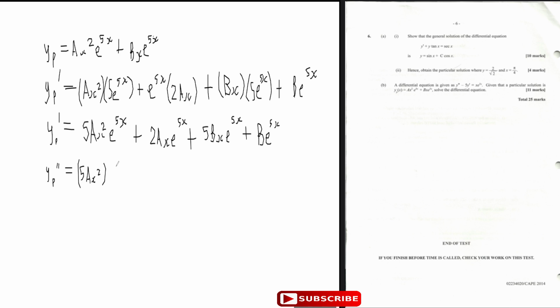The derivative of the second is 5e to the 5x, plus, we keep the second, which is e to the 5x, times the derivative of the first, and the derivative of the first is going to be, differentiate 5ax squared, that's going to be 10ax.